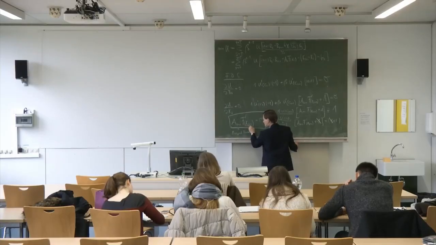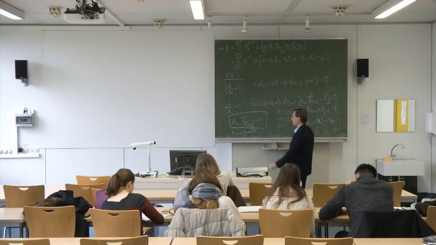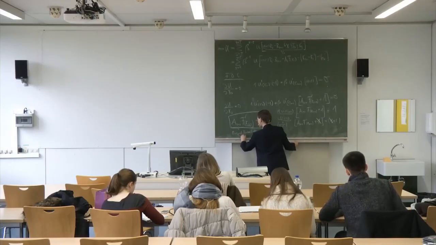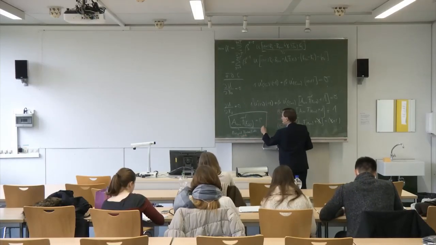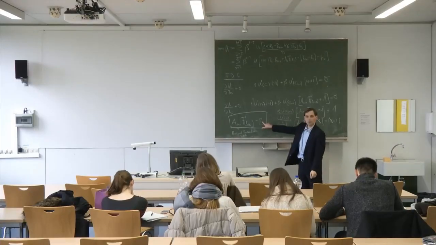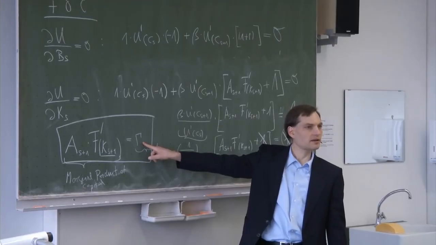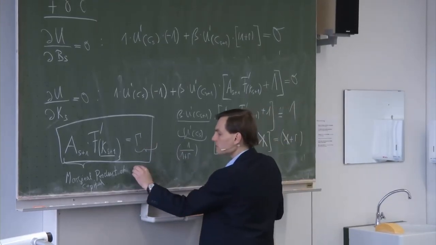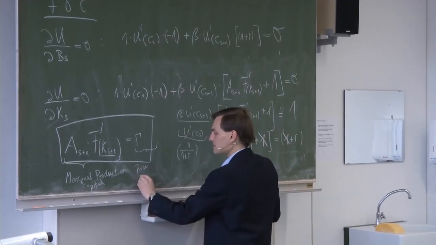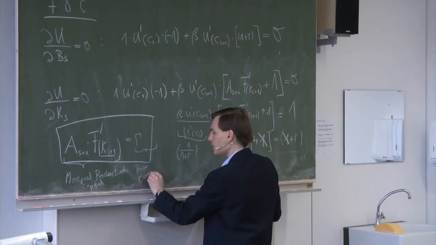Because my production function is dependent on capital, that's the marginal product of capital. And on the right-hand side, this is the price of capital, the interest rate. So in optimum, the marginal product of capital must be equal to the price of capital.